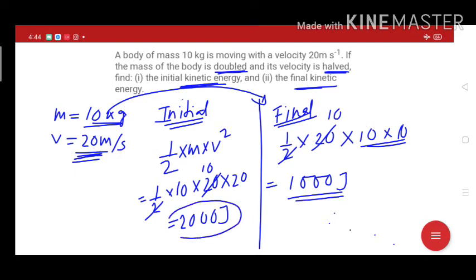So initially it was 2000 joule and then mass got doubled and the velocity got halved, then the final kinetic energy is 1000 joule.